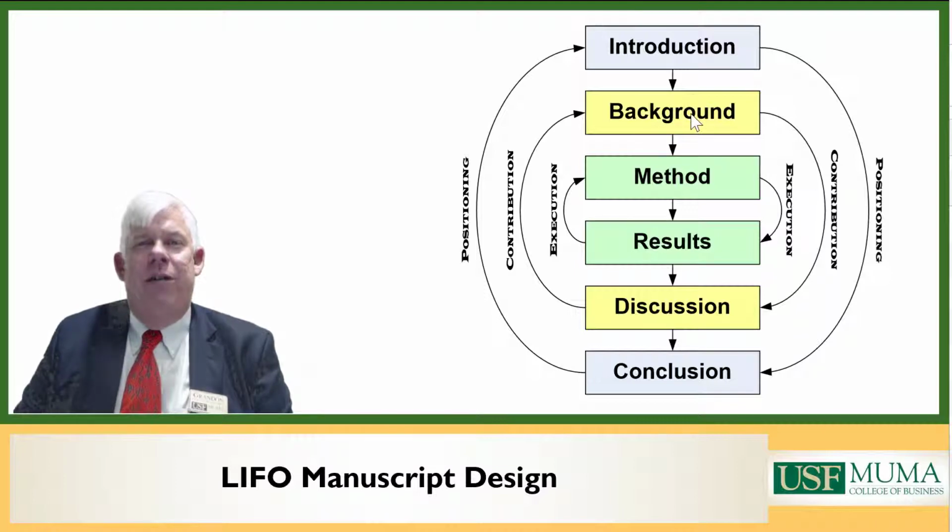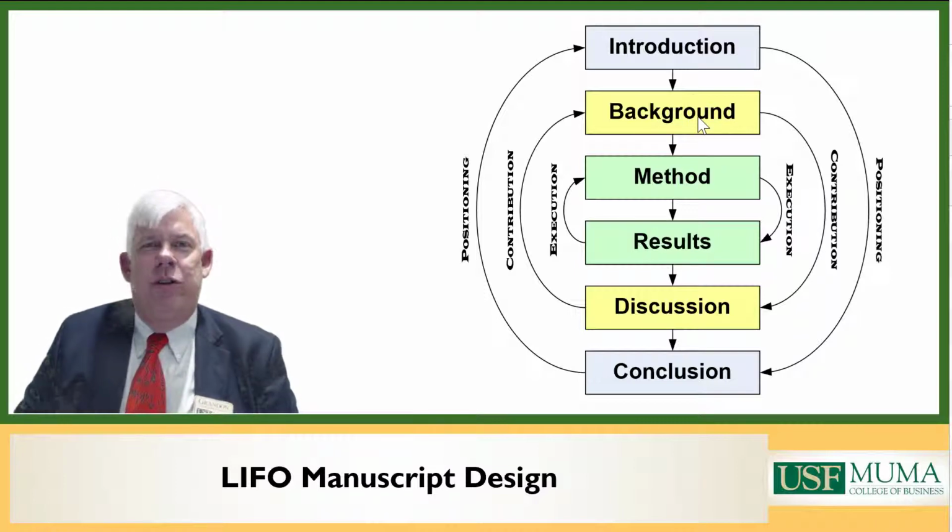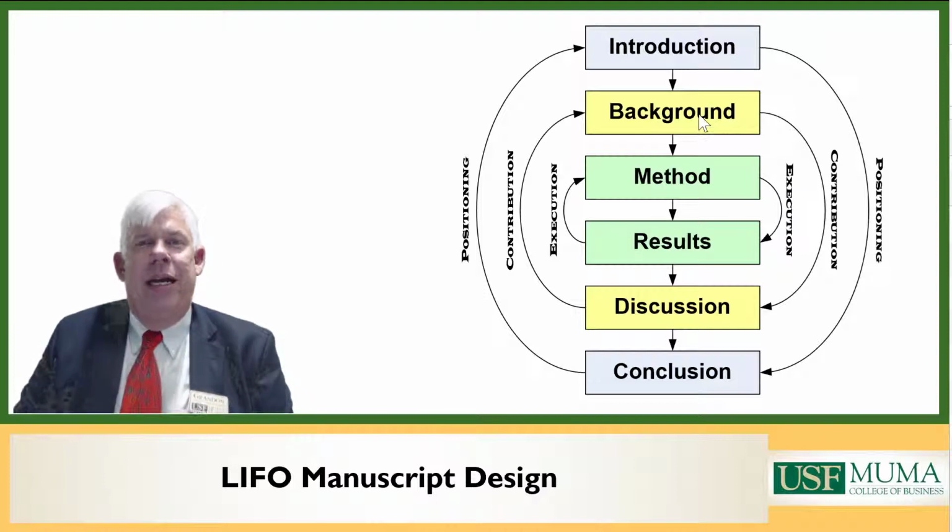Then you have a series of background sections, including the literature review, the research model, and so forth. That gets closed out in the discussion section. Here you're focusing on the contribution. Finally, your paper has an introduction, which positions the paper, and that is closed out by the conclusion.